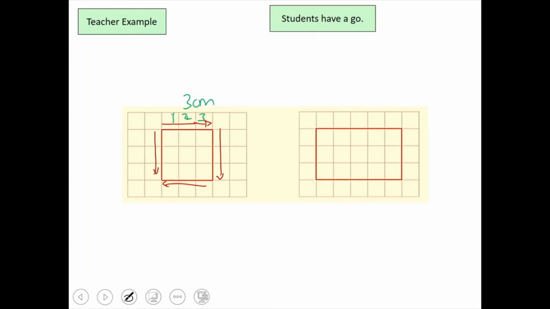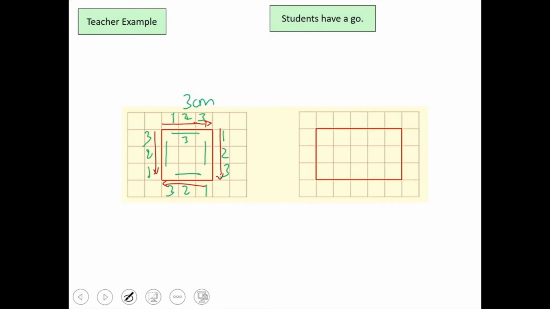Now, because we know it's a square, we know it's going to be 3 centimeters all the way around because squares, all 4 sides are equal. But if we want to count, just to double check, we've got 1, 2, 3, 1, 2, 3, 1, 2, 3.